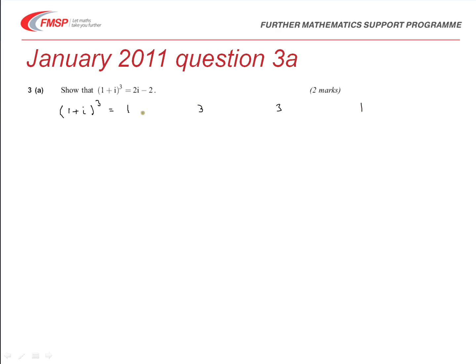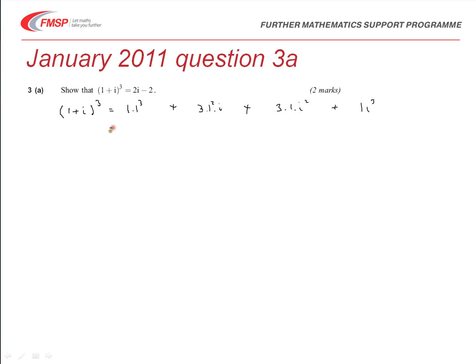So the first one will be 1 cubed times that. The second one will be 1 squared times i. The third one will be just 1 times i squared. And the fourth one will become i cubed. And those terms will be added together.